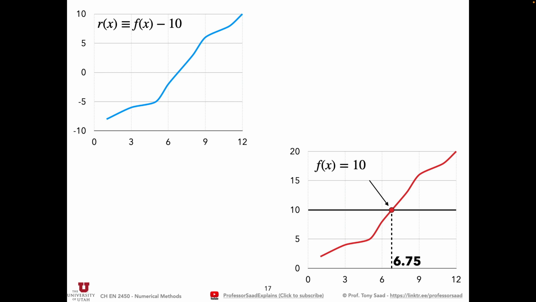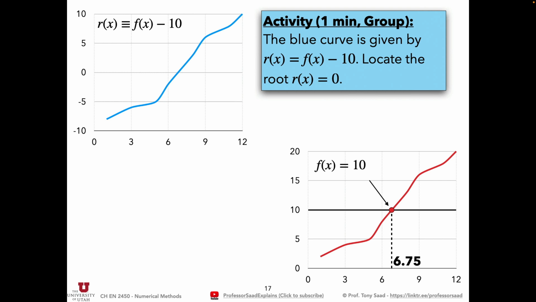So now, what is the root of f of x minus 10 equals 0? Where is it visually located? And what is the value given what you know about it? It's the same function. So is there a difference between f of x equal 10 and f of x minus 10 equals 0?